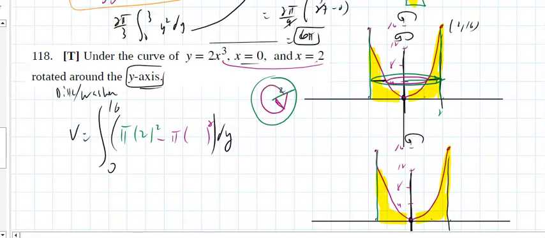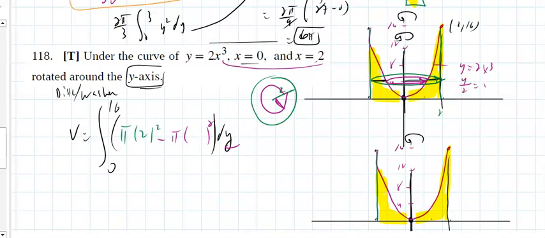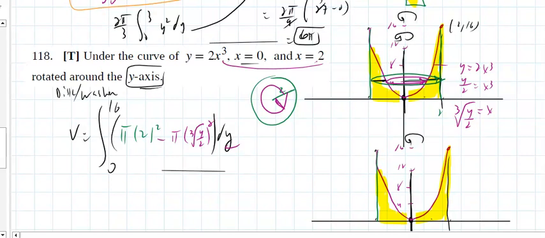And that radius right there is right minus left, but this is y equal 2x cubed. If I'm going with dy, I need to solve that for x. That will find me the volume. This is the setup. I'm going to assume we can work those out.